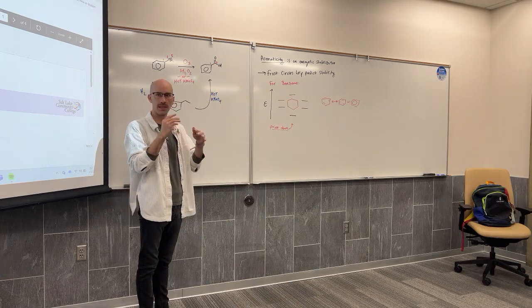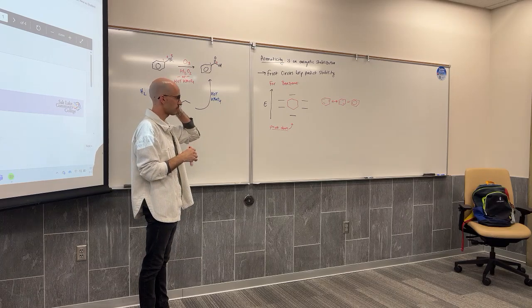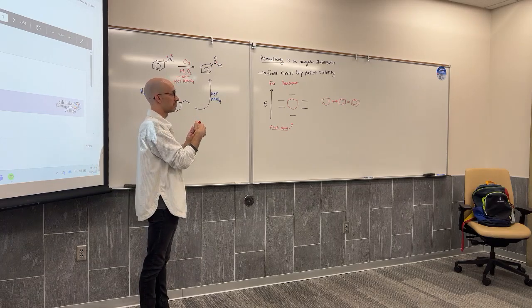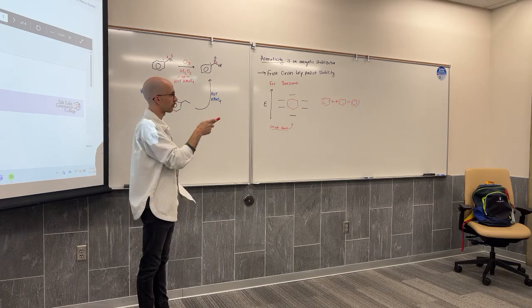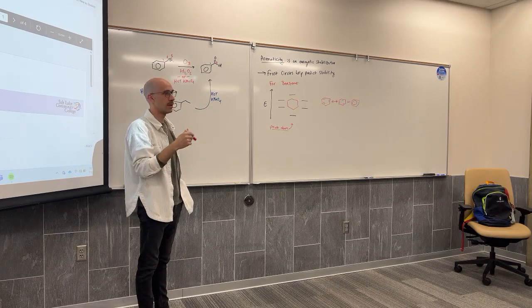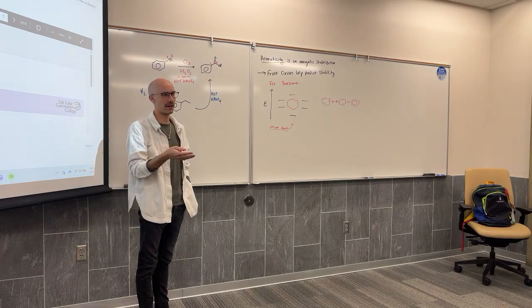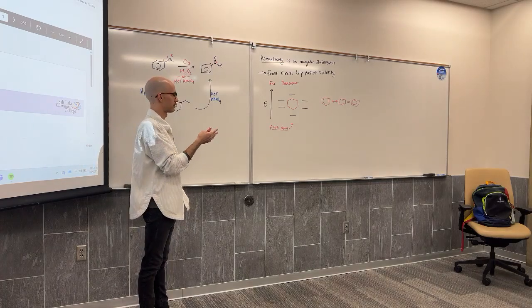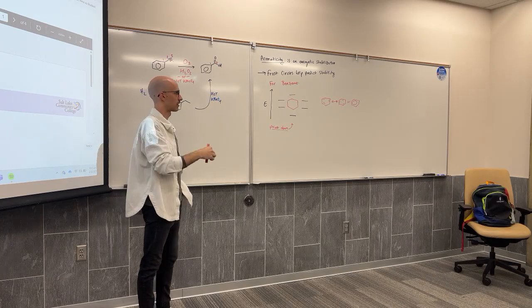Those are 2 equal resonance forms of each other. And so you can abbreviate the aromatic ring with this circle inside because it says it doesn't matter how many electrons are there. There's basically a double bond between every single position.